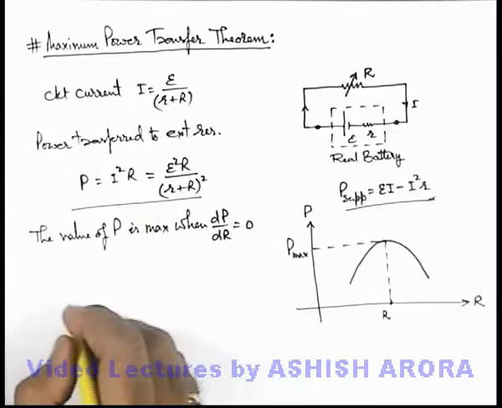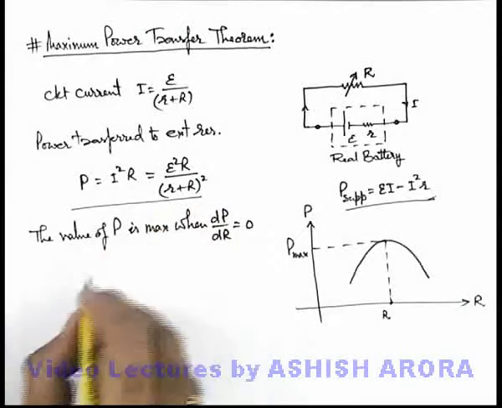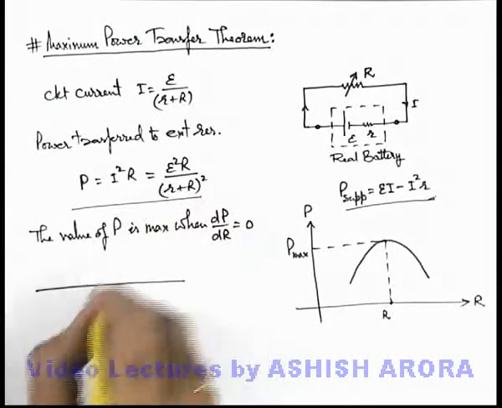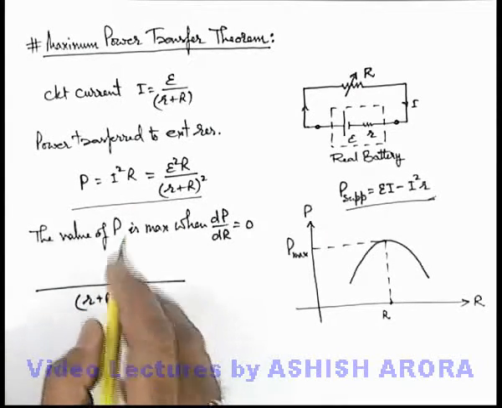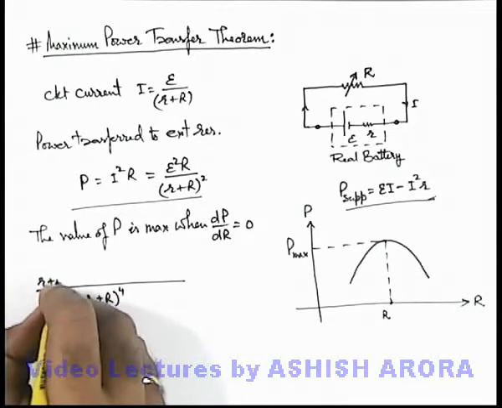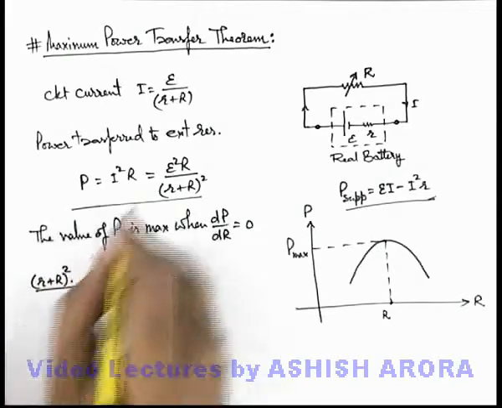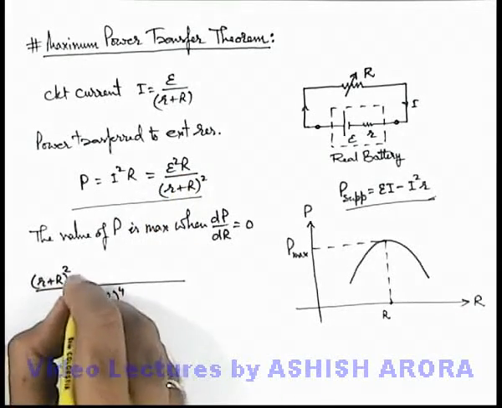So if we differentiate this expression, we can differentiate it by using the quotient rule. In the denominator it will be (r plus R) whole to the power 4, and in the numerator we keep (r plus R) whole square multiplied by the differentiation of R, which will be 1.